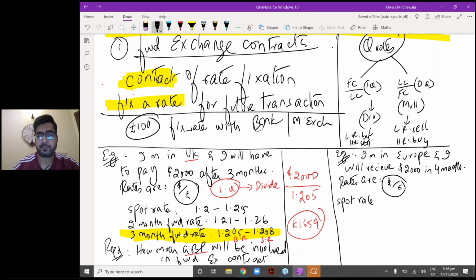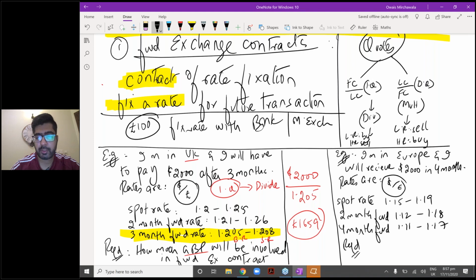Spot rate, two-month forward rate, 4-month forward rate. Required. How much euros will be involved in forward exchange contract?